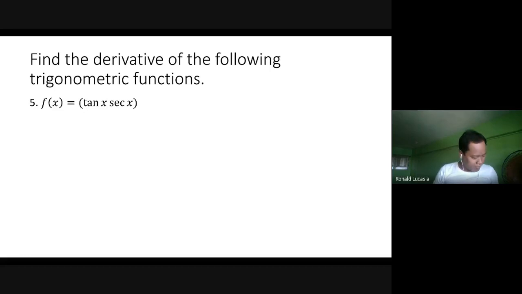Ba't ang dami tangent? Secant cube. Okay. Tangent secant plus tangent squared secant. I-factor nyo na para hindi masyadong madami. Like for example, yung sagot mo, Miko and Bon, meron siyang common factor which is secant. Tangent squared secant.